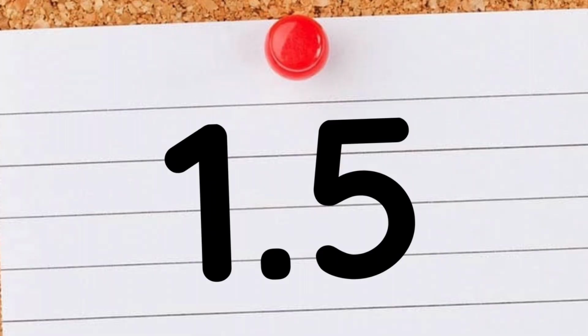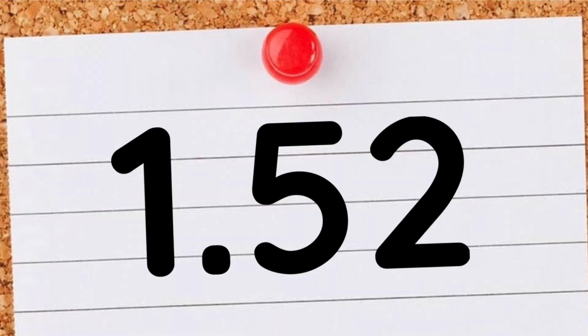So in 1.5, the 5 would be 5 tenths. If we had two numbers in the decimal, so let's say our number was 1.52, the 2 in that number would be hundredths. So the first number after the decimal point is a tenth, the number after that is a hundredth, and then we can go on from there.